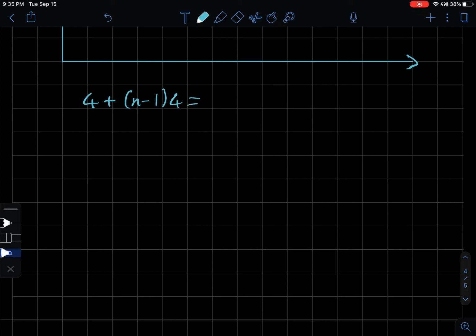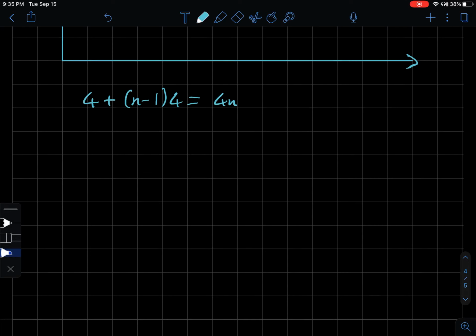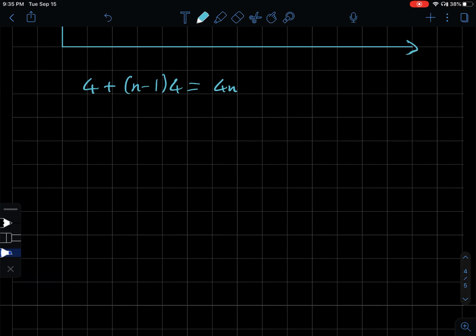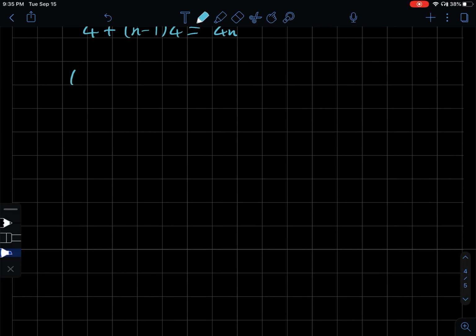So basically this is just 4n, right? That's simplifying. Anyway, so this is the formula. For generally how we write to graph it would be t of n equals 4n. And now this is the same as writing f of x equals 4x, or just y equals 4x. I'm sure you're all familiar with this.